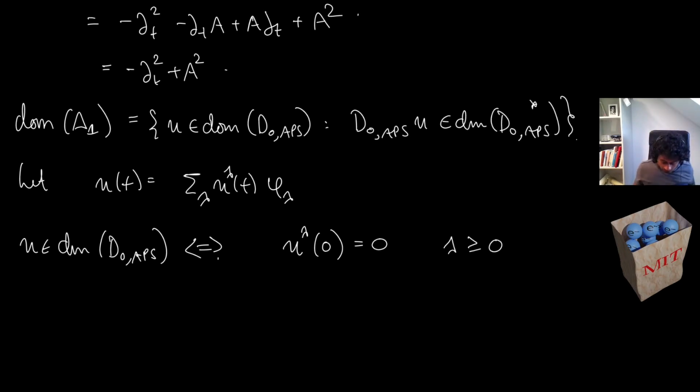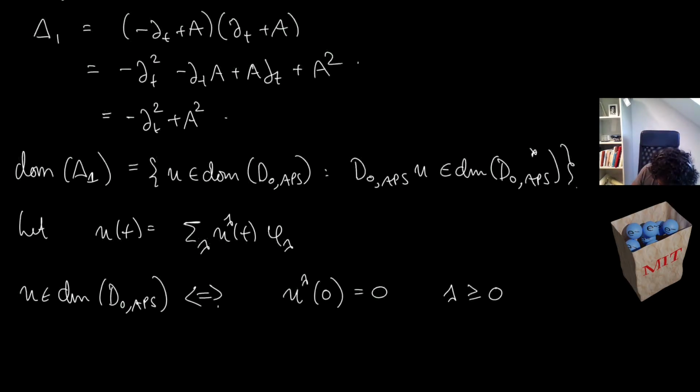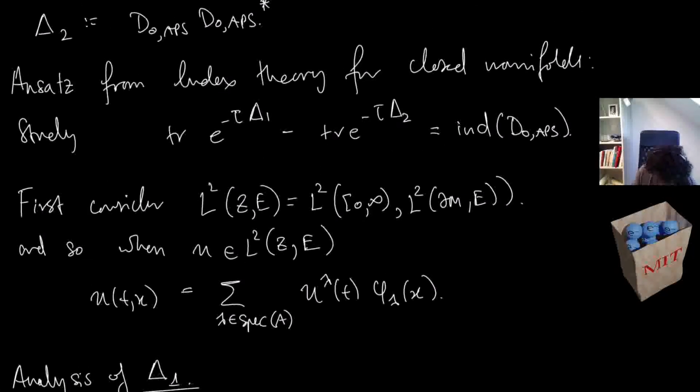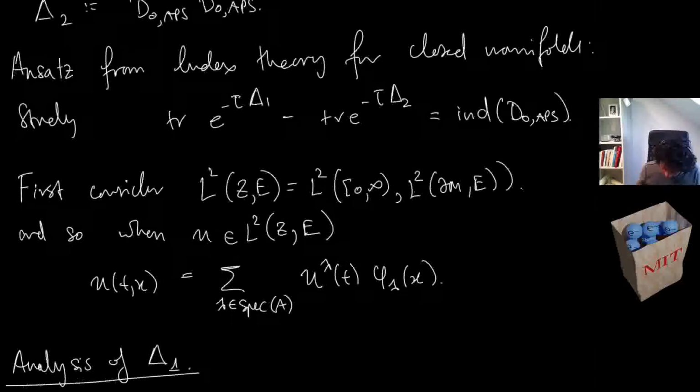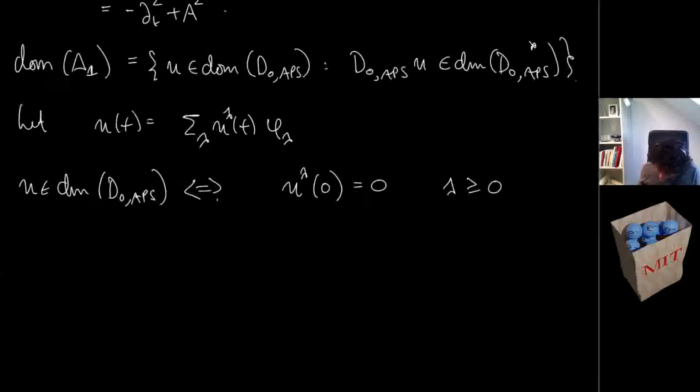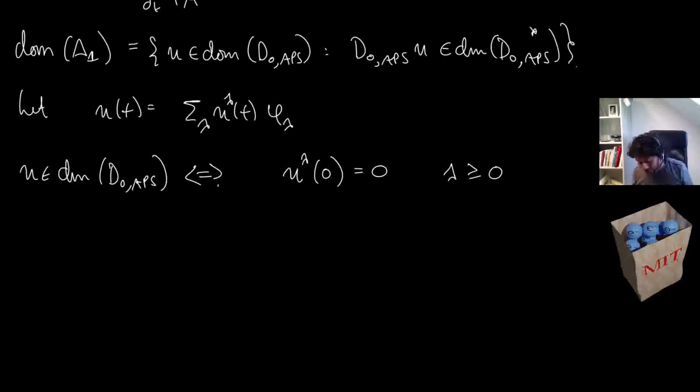Because this is the boundary condition. The boundary condition that we're looking at is just the projection to the negative spectral subspaces of A. So if we're in dom d naught APS, then it means that the positive parts have to be 0.